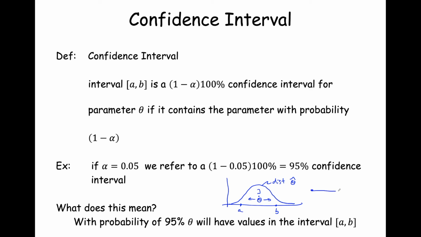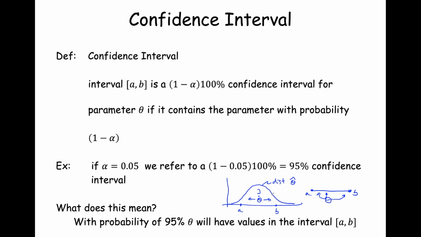You could draw it this way and say AB, and now you're asking the question, does AB cover theta? Theta could be somewhere over here, here, or here. Is this theta covered by that interval AB?